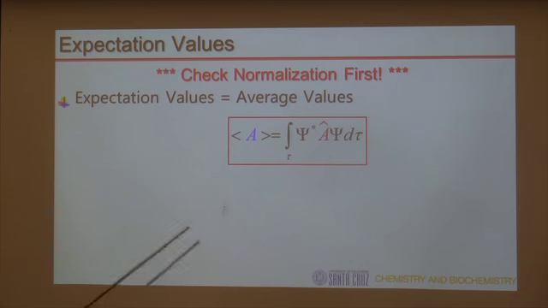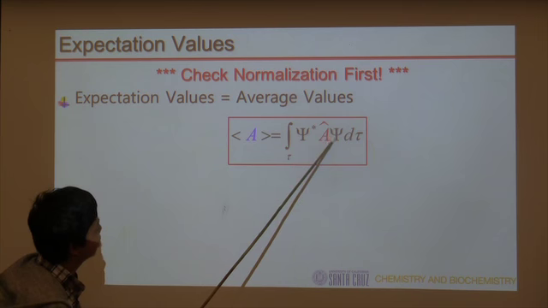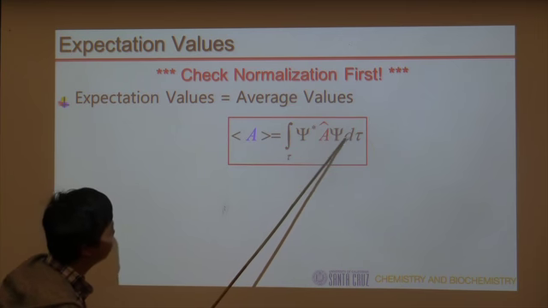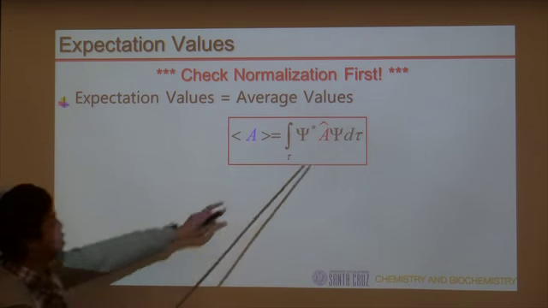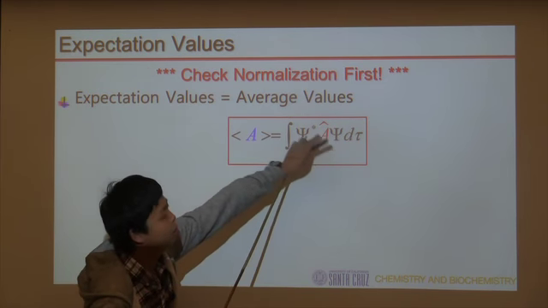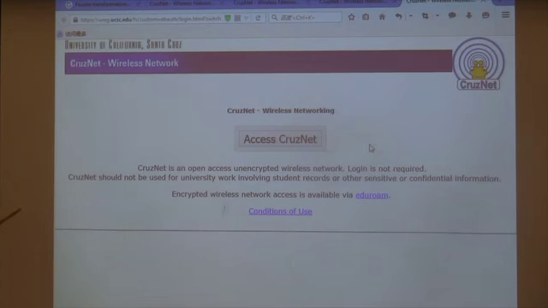This operator operates on this wave function, and they become one identity. It simply means you cannot switch the positions of the two. Normalization you can switch, but for expectation value they are fixed.